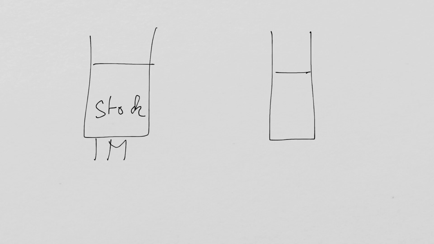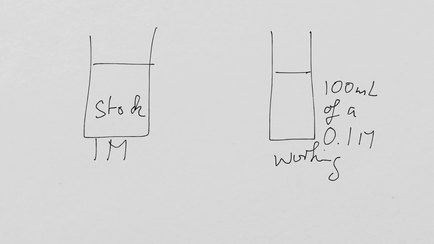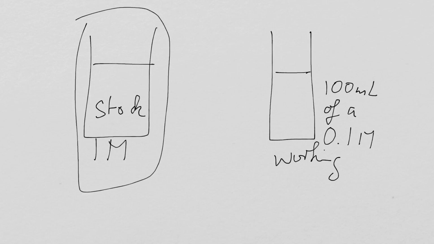We want 100 milliliter of a 0.1 molar solution. That's our working solution. This is what we have. This is what we want. How are we going to do that?